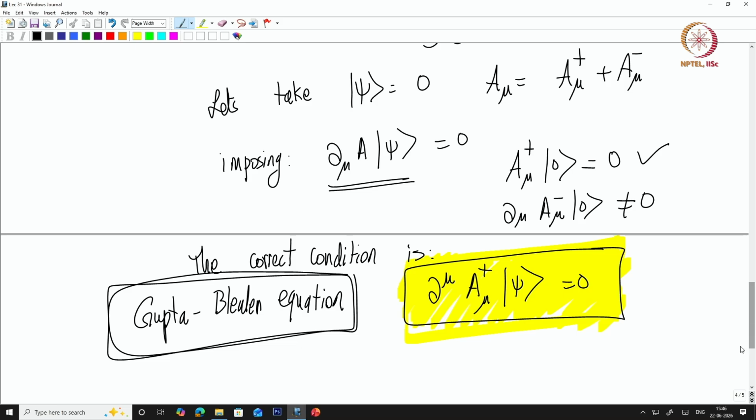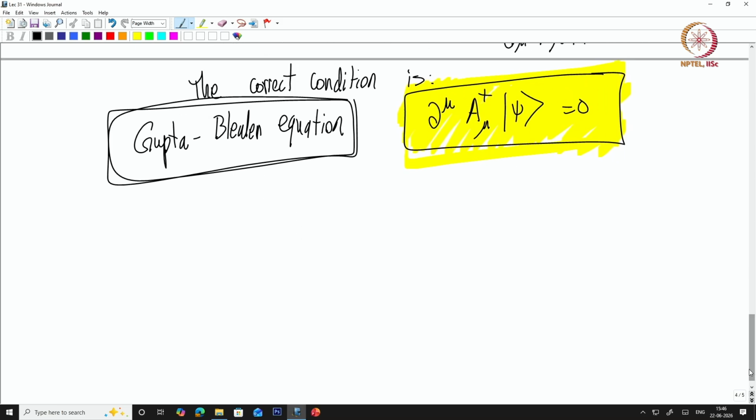And this relation is called the Gupta-Bleuler condition, which picks out the physical Hilbert space.